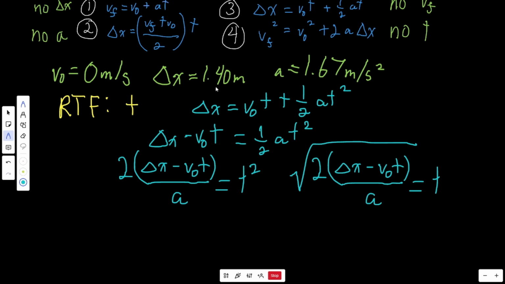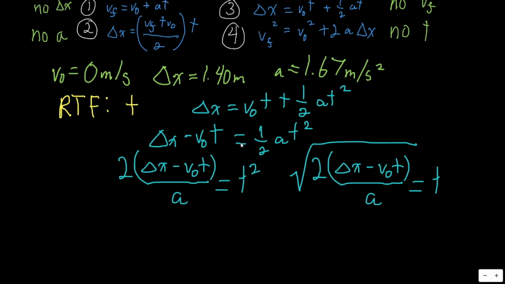So again, to see how we derive the formula, we first isolate this term here, since t is located on that term, by moving initial velocity times time to the other side, or subtracting them both on each side of the equation. And after that, we have to isolate t squared, so we have to divide the left side by 1/2 a. Now 1/2 a is also the same as a over 2, and when you divide a fraction by a fraction, you just flip the fraction in the denominator upside down and multiply.